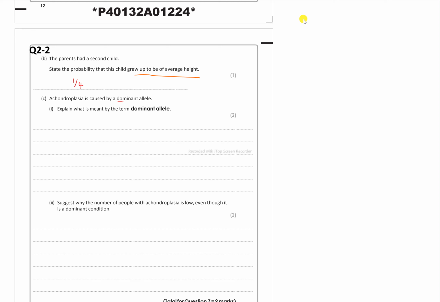Achondroplasia is caused by a dominant allele. Yeah, we said that a dominant allele is an allele that is always expressed in a heterozygote.